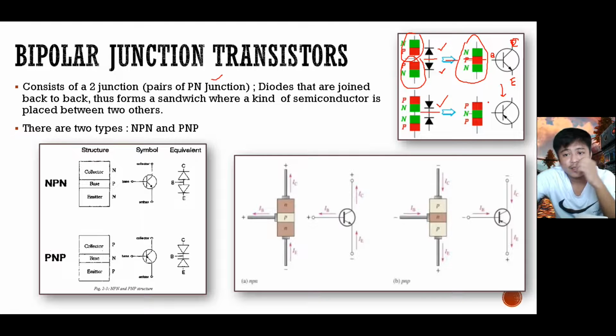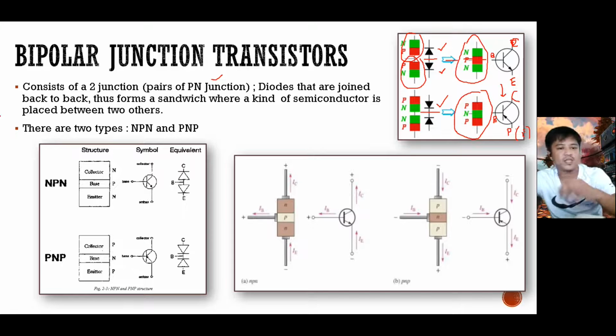So for PNP, this becomes the simplified image, and the function will be here. So this will be the base, and this will be the positive. This will be the P-type junction or the emitter, and lastly, this will be the collector.